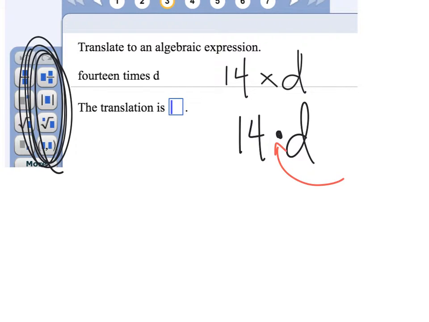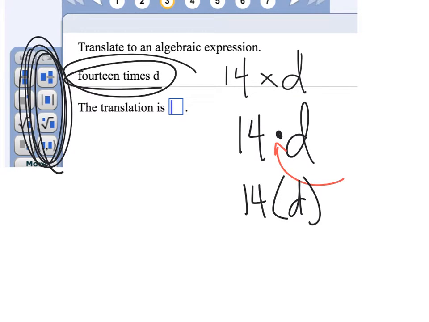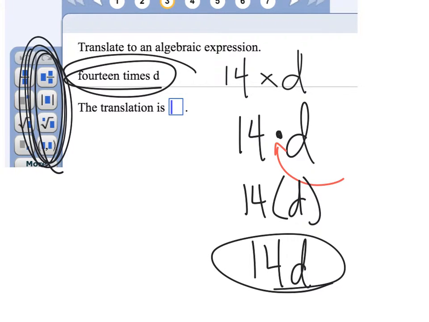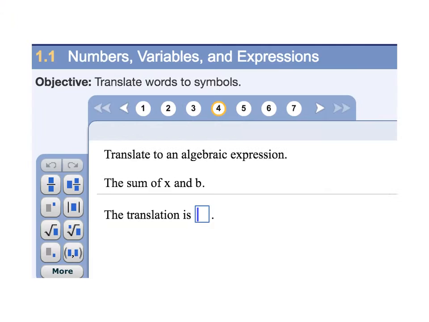Another way is 14 parenthesis d, which means 14 times d. And the most economical, efficient way is just to put 14d, because whenever you have a number right next to a letter, that means multiply those two. So 14 times d would be written 14d.